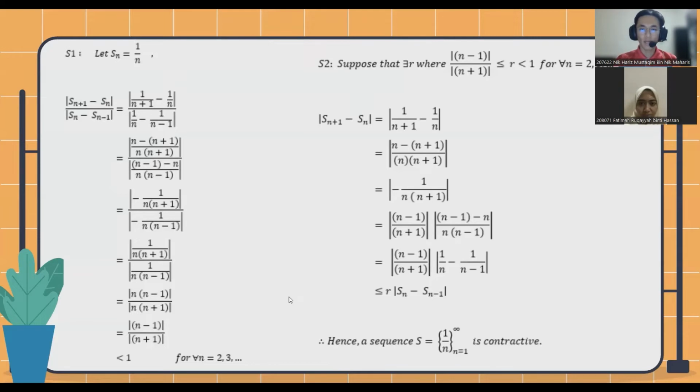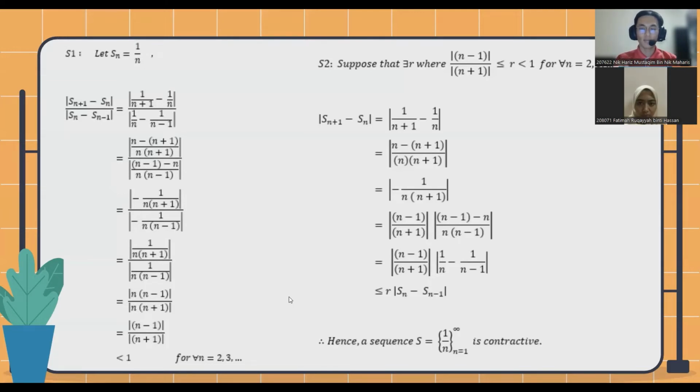Since there is 1 over n and this is modulus, and we have established that 1 over n is equal to Sn, it will be equal to modulus n minus 1 over n plus 1 multiplied with modulus in bracket n minus 1 minus n over n multiplied in bracket n minus 1. This is equal to modulus n minus 1 over n plus 1, again multiplied with modulus 1 over n plus 1 minus 1 over n minus 1.